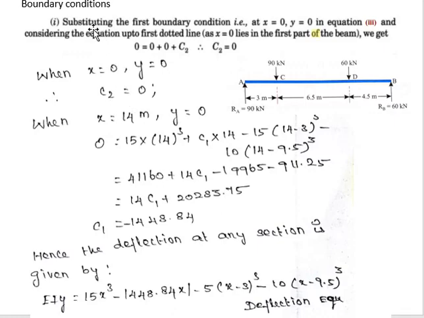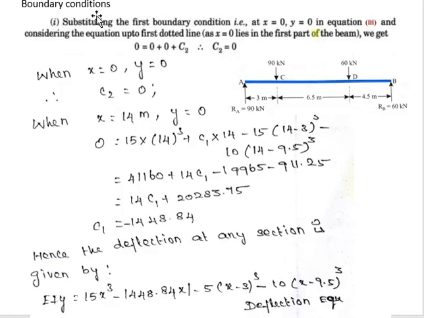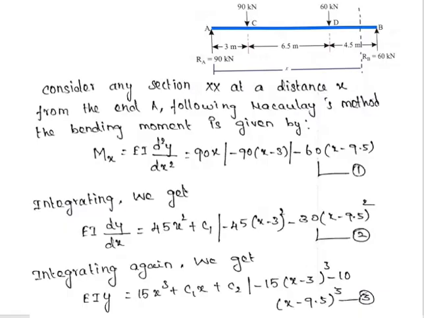Listen to the wording: substituting the first boundary condition, x equal to 0 and y equal to 0, in equation 3, considering the equation only up to the first dotted line, because this 90 kilonewton is the only load acting on the left-hand side at the x equal to 0 point. So we take the equation up to the first dotted line only.